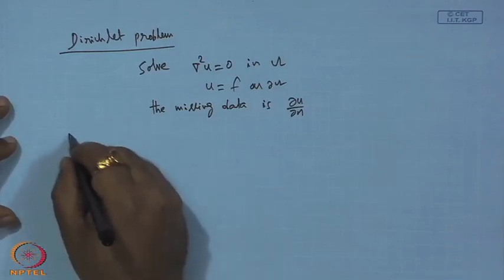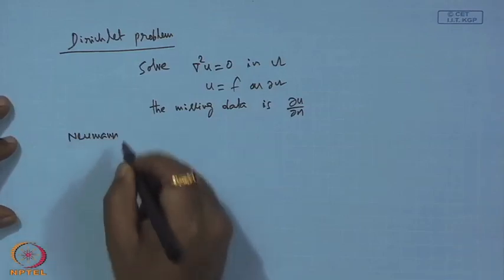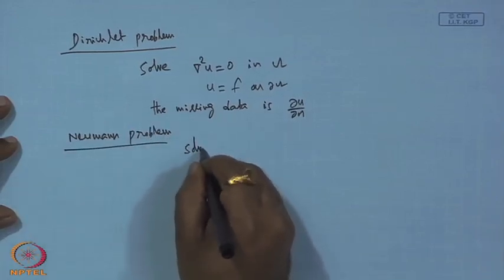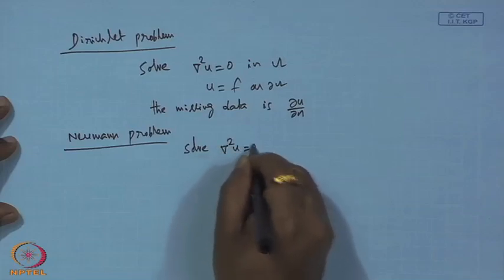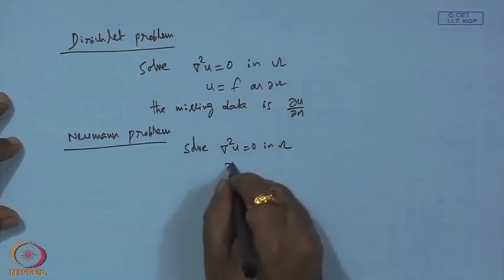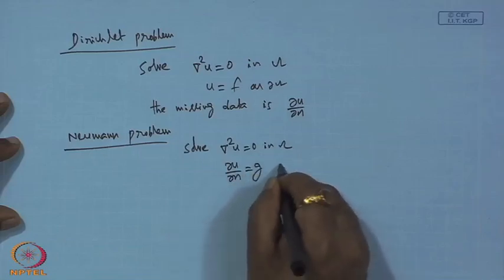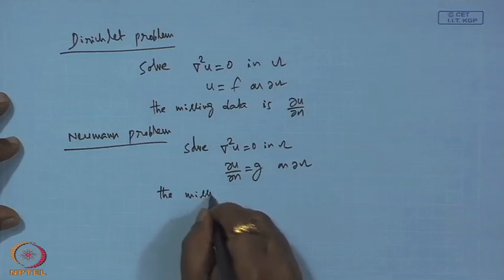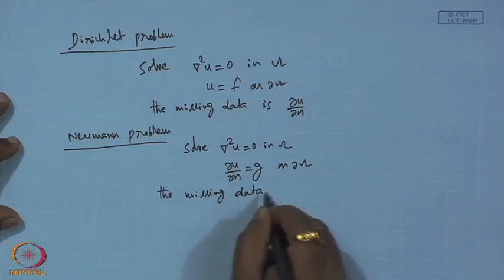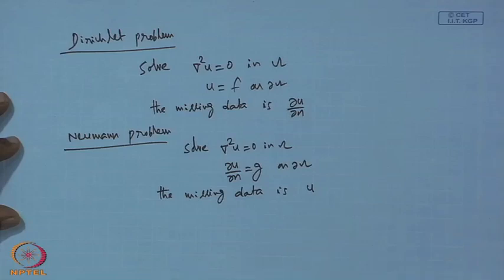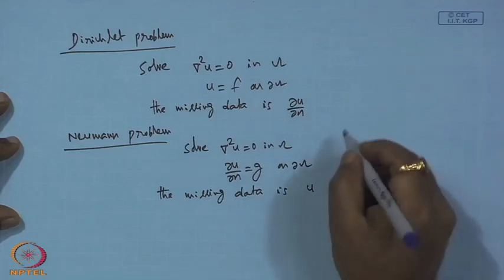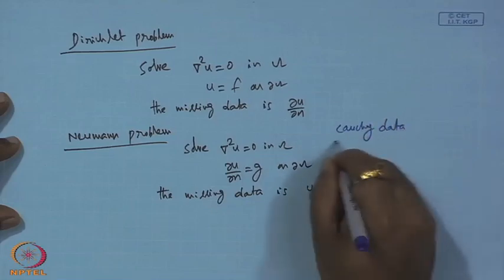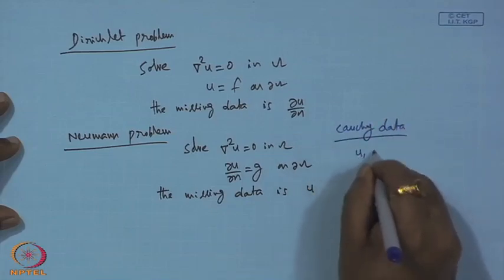Similarly, for the Neumann problem, suppose the normal derivative is G on the boundary, then in this case the missing data is u. So, this has a name: the Cauchy data is u.